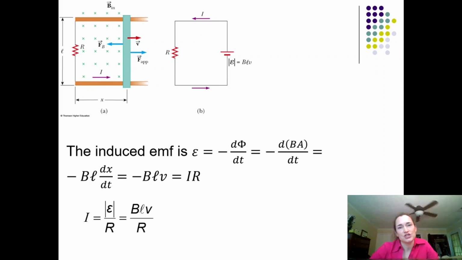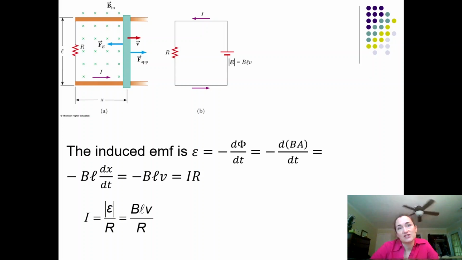What is changing is the area of your loop. In this case, the area of our loop is a rectangle with sides x, the distance between the left-hand side of our loop and wherever our bar is at a given instant, and L, the length of our bar. So the area of our loop A would be Lx.